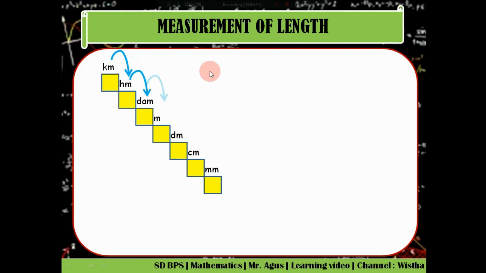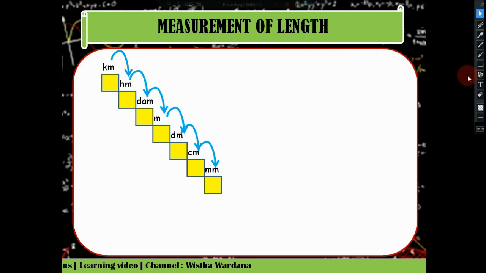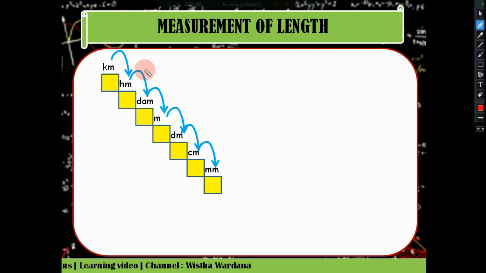So, if you move down to the lower stair, you have to multiply by 10. Every 1 step moved down, you have to multiply the measure by 10.